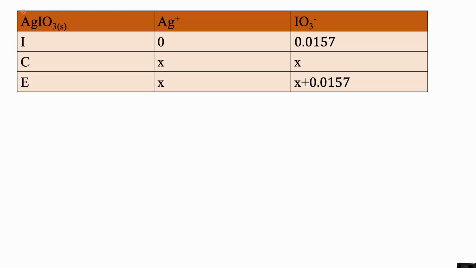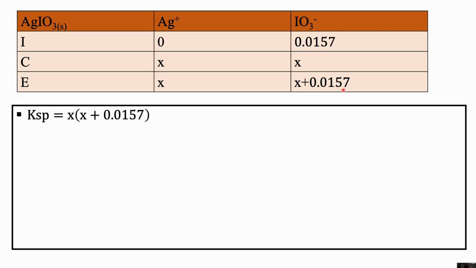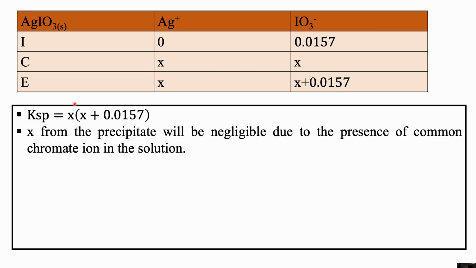After forming the equilibrium, this is the precipitate which is formed. The silver will be 0, then the excess, then you have the change x, then you have the equilibrium, where you get x plus this one, then we have the Ksp. Then we consider this one negligible because of the common ion effect, since the iodate in equilibrium will be in excess.